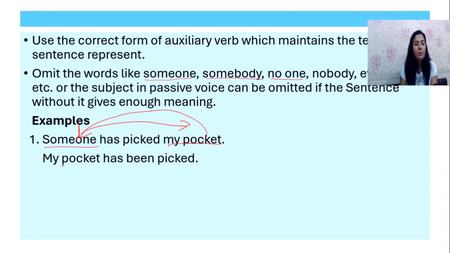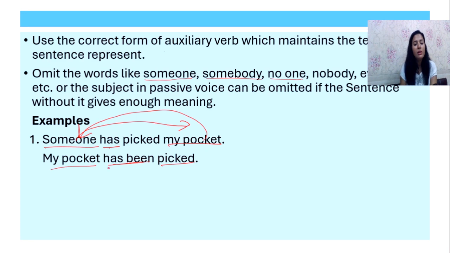So my pocket, now the sentence is in present perfect, so the auxiliary verb we are using here is has been. Then the past participle form of picked is picked. Now in this sentence, my pocket has been picked. It is complete in its meaning.